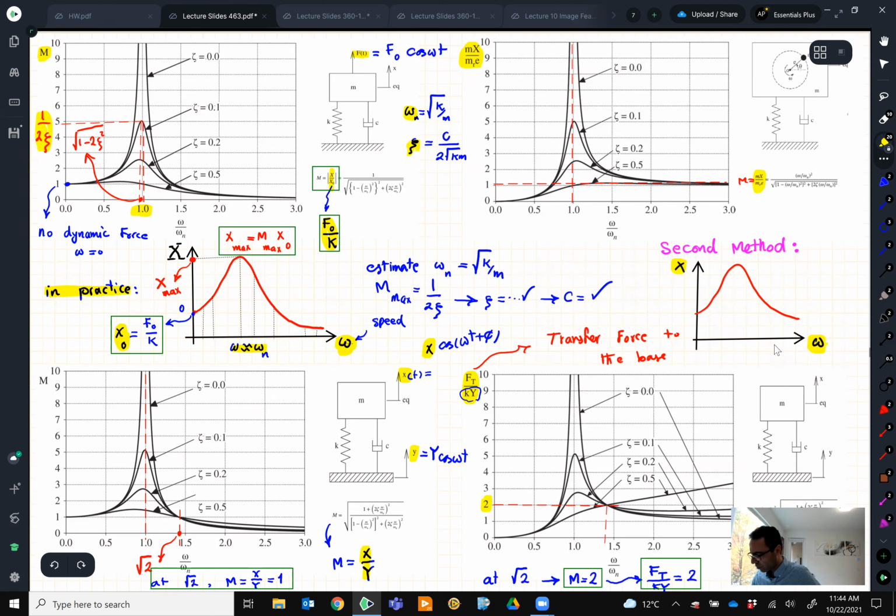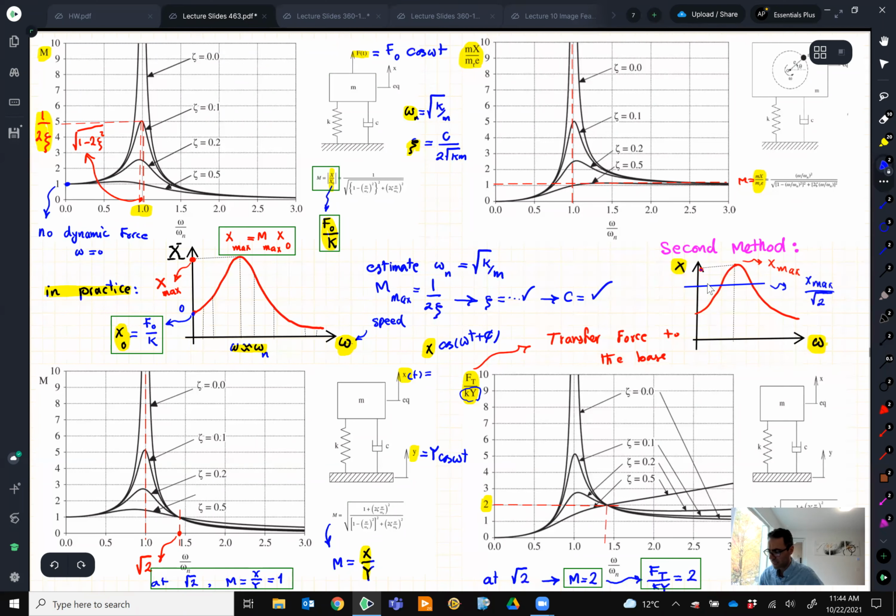So the way it works is you find your peak, and let's say the peak is X max here. People say that you should not only avoid the peak for your machine, you should also avoid X max divided by a square root of 2.